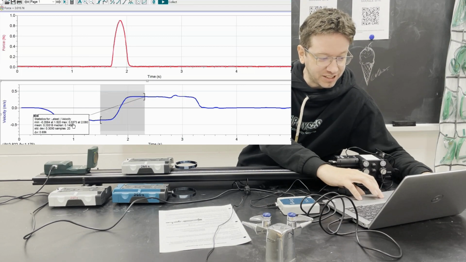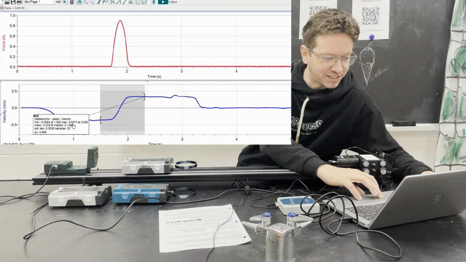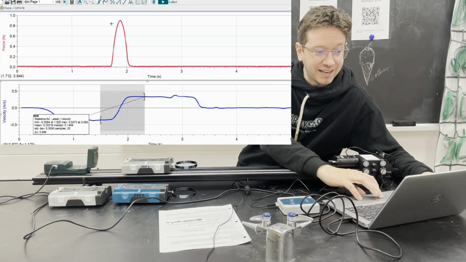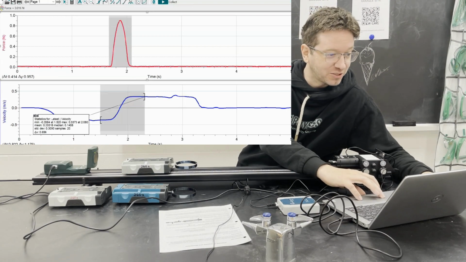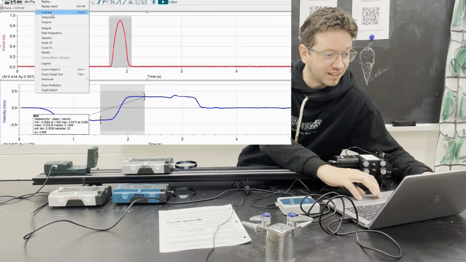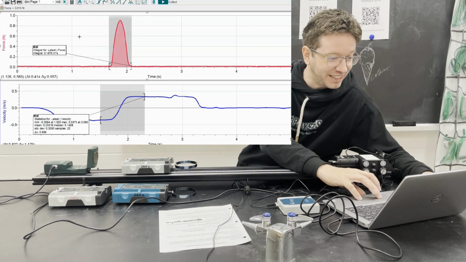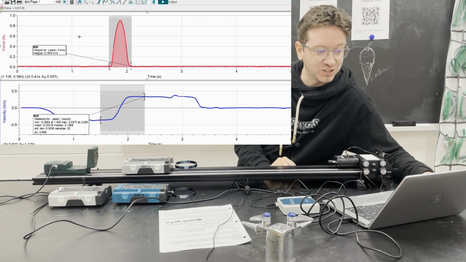And after the collision, we have a velocity of positive, again, the signs are different because they move in different directions, positive 0.3373 meters per second. Now the area under our force time graph right here tells us the impulse. So we can analyze that impulse. It's called an integral to figure out the area underneath, and we get an impulse of 0.1876 Newton seconds.